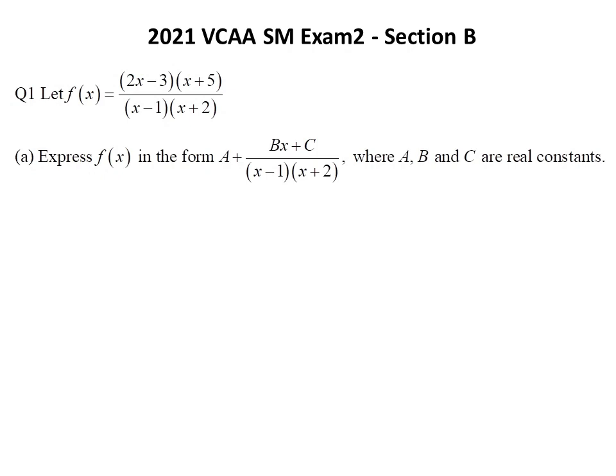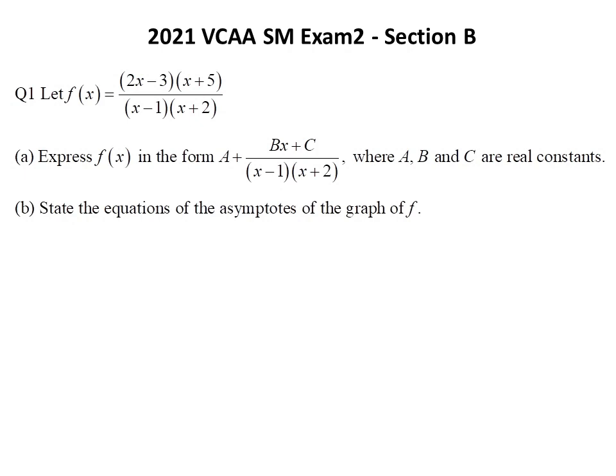Part A is to express f of x in the form of a plus the algebraic fraction (bx plus c) over the product of (x minus 1) and (x plus 2), where a, b, and c are real constants.